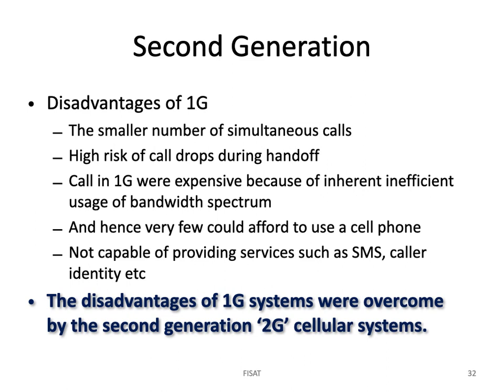Calls in 1G were expensive because of inherent inefficient usage of bandwidth spectrum, and hence very few could afford to use a cell phone. It was not capable of providing services such as SMS, caller identity, etc. So these disadvantages of 1G system were overcome by the second generation cellular system. So these are the first generation technologies' problems.